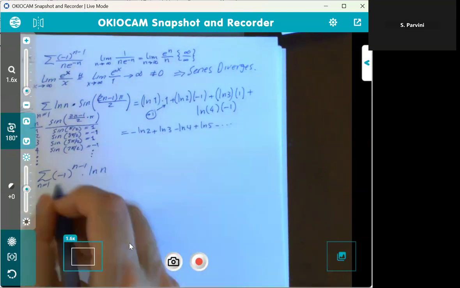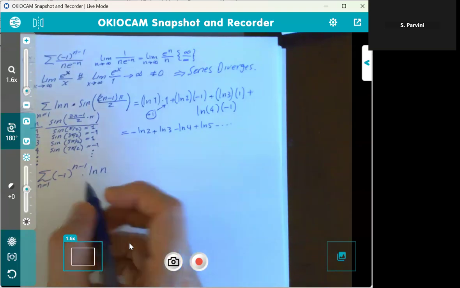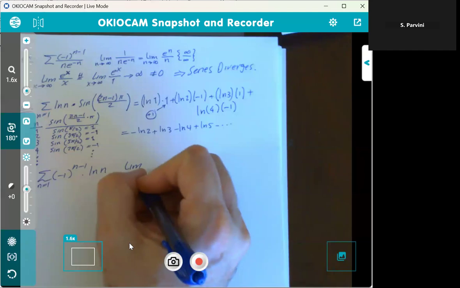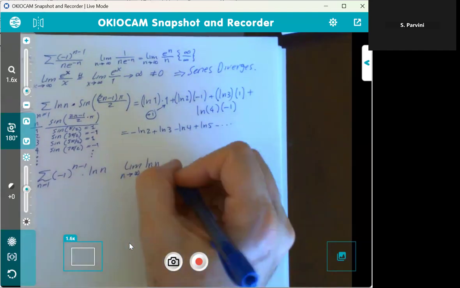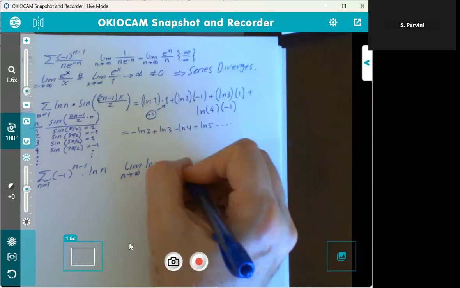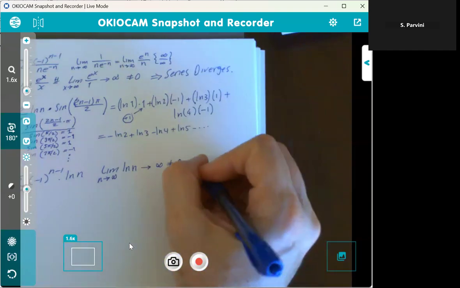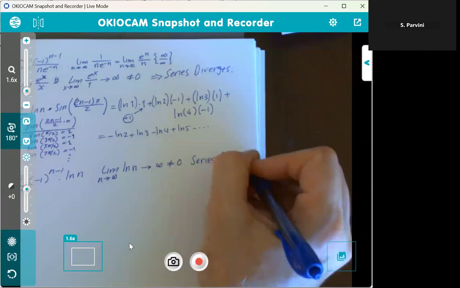Now, this again helps me recognize the alternating nature of the series. Let's do the limit of the nth term. The limit as n goes to infinity of natural log of n approaches infinity, which is different from 0. Therefore, the series diverges.